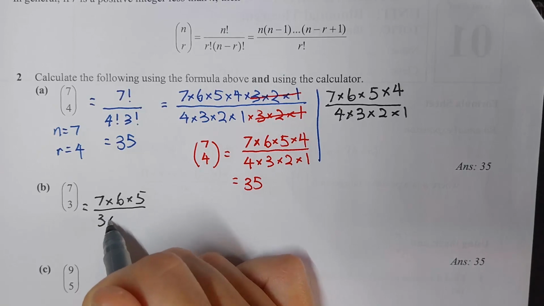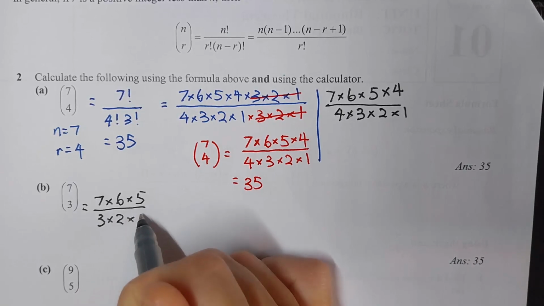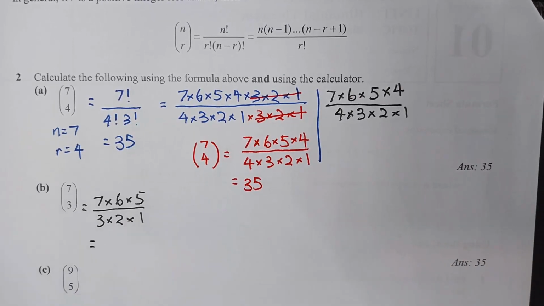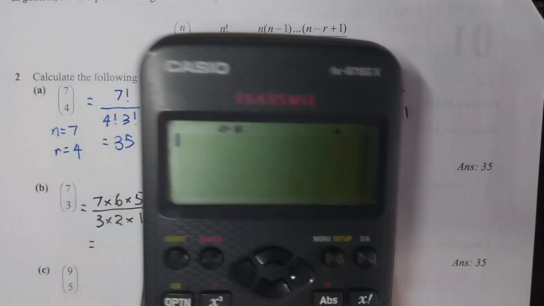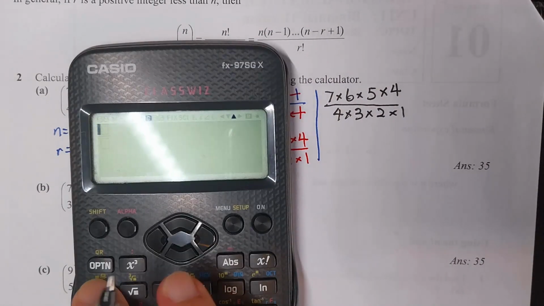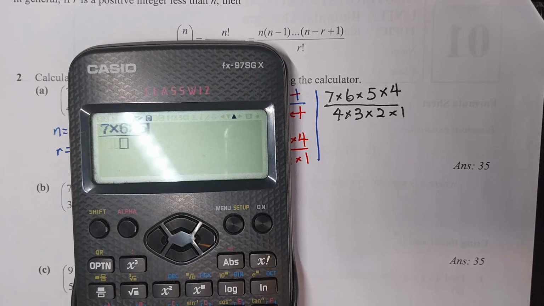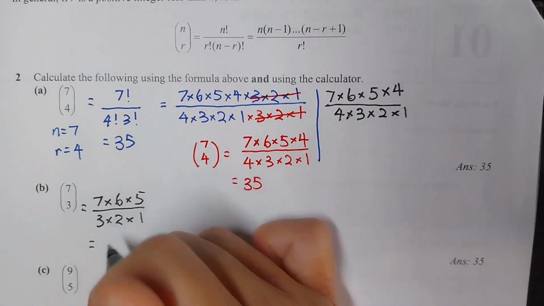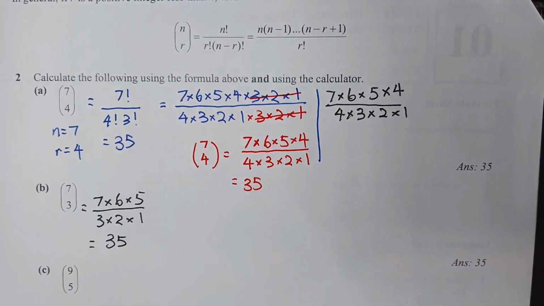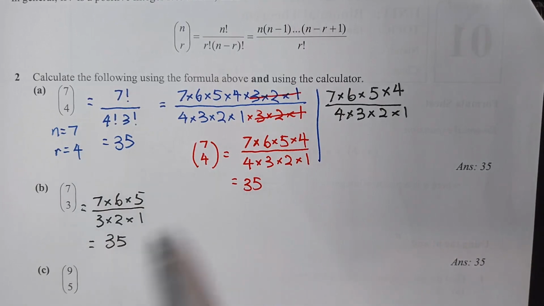So 1 time, 2 times, 3 times. And pressing the calculator, what we will have is 7, 6, 5 over 3, 2, 1. And we have 35. Now, do you realize that these two answers are the same?